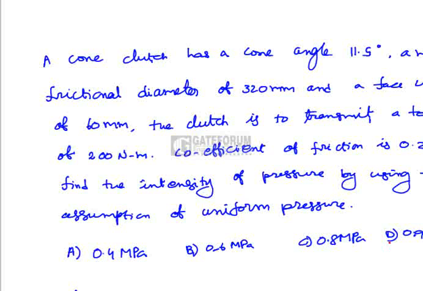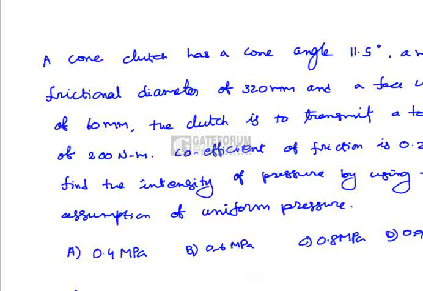Here the intensity of pressure can be calculated by using the normal load acting on the clutch, that is equal to P into 2 pi R into B, where R is the mean radius and B is the face width.